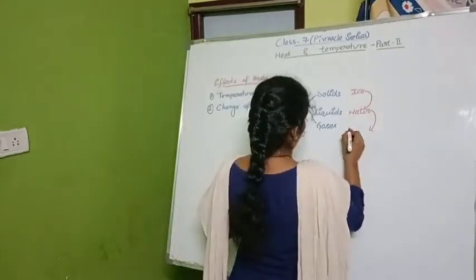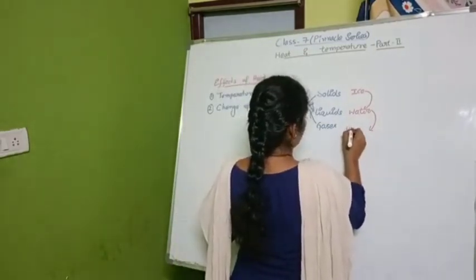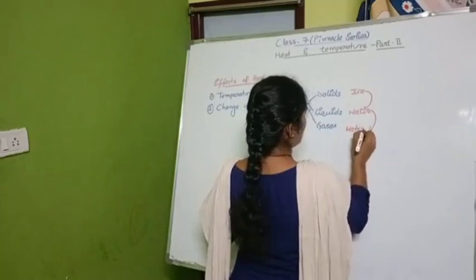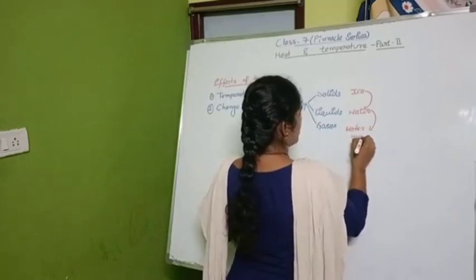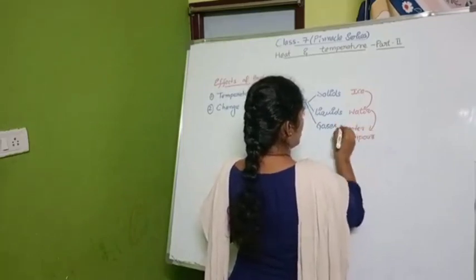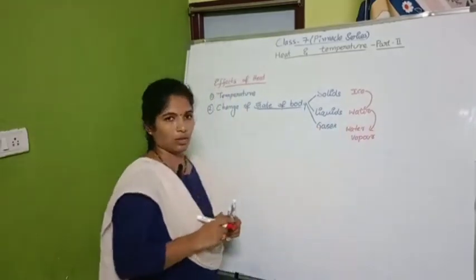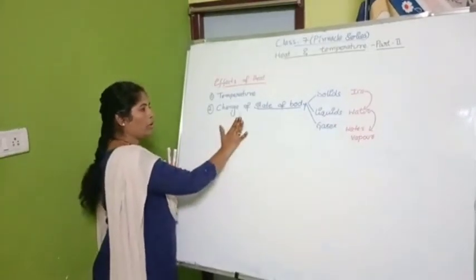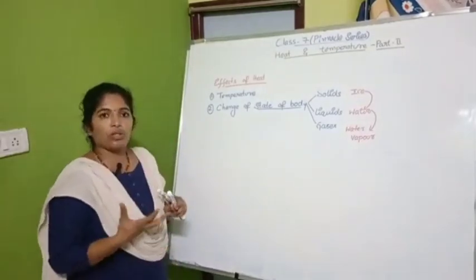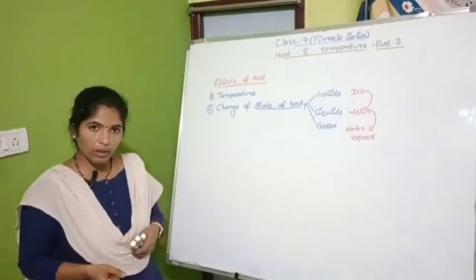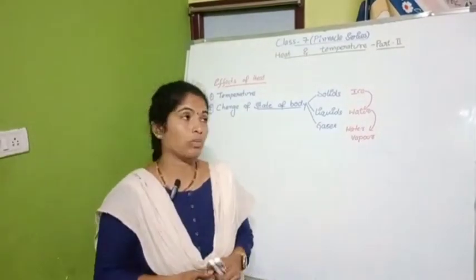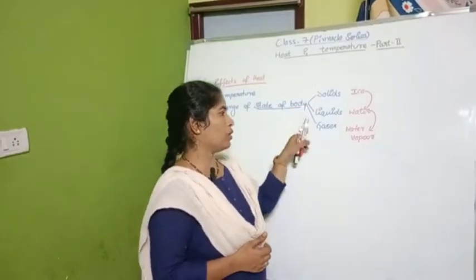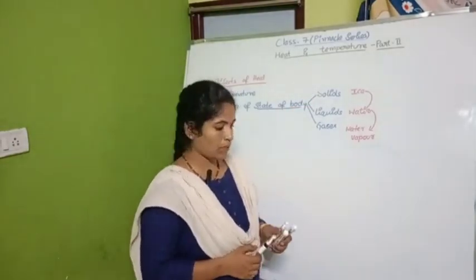Then what is this? Water vapor. Water is converted to water vapor. So liquids are converted to gases. So if I apply heat, the body will change its state from solid to liquid, liquid to gas, sometimes from solid to gas directly. Right?